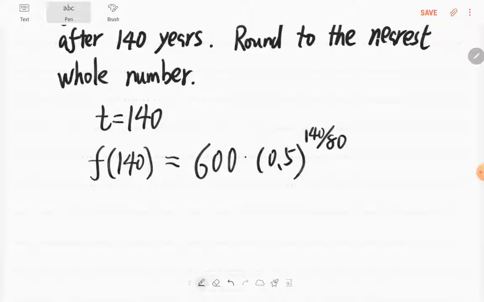Okay, so when we do the calculation, use your calculator. You should be able to use your calculator to do the calculation. Of course, you can use your calculator to do all the things together. But I suggest if you are not familiar with your calculator, you had better do it step by step.